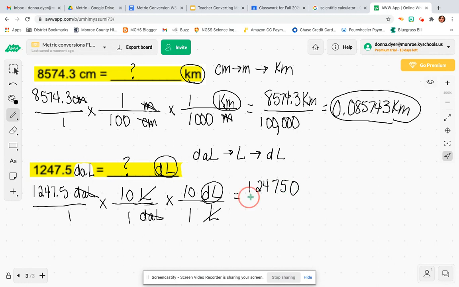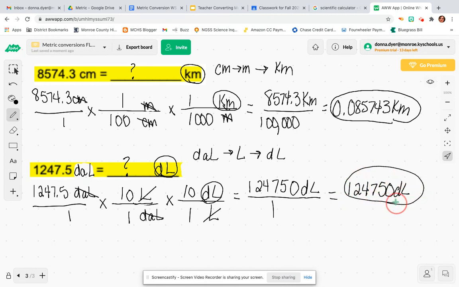And again, that's deciliters. It's the only unit that isn't canceled. And then on the bottom, 1 times 1 times 1 is 1. So when you divide, you get 124,750 deciliters.